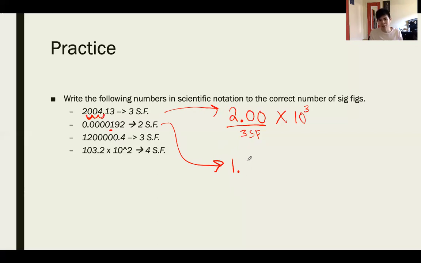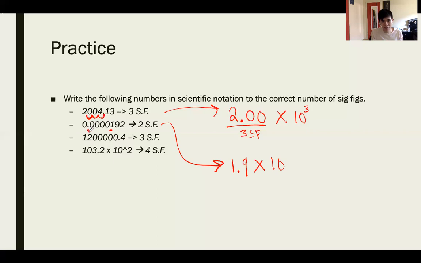And then it says it wants it up to 2 significant figures, so we're only going to add 9, times 10. And this is where things get confusing because a lot of students get confused as to why the exponent is negative. But as you can see, we're starting off with the decimal place here, but we need to move it backwards in order to make this number into the ones place.